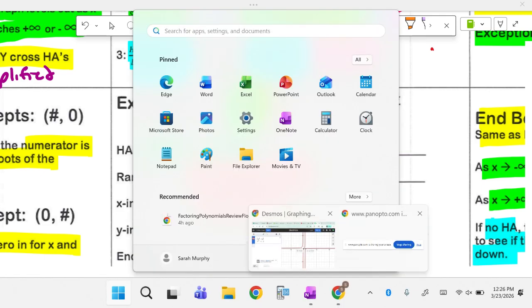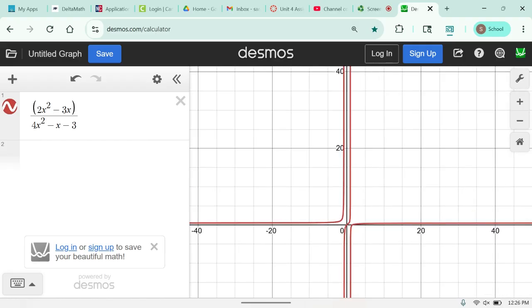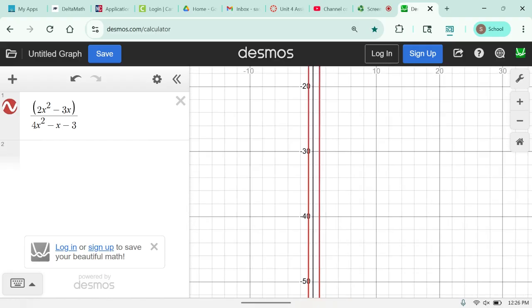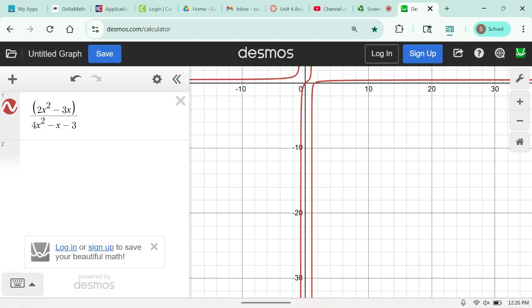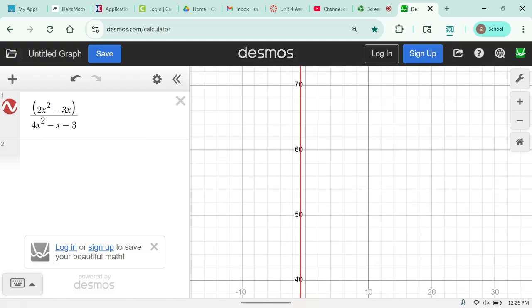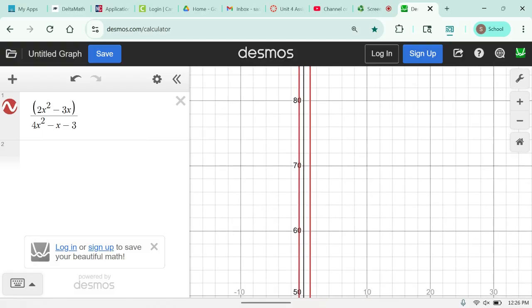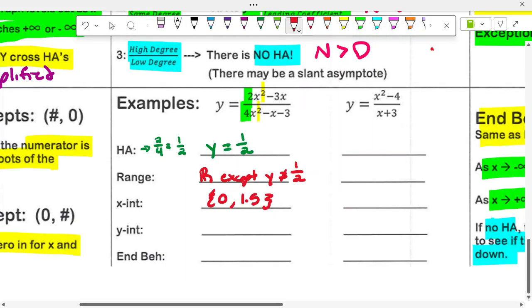My y-intercept, let's see if I have one. It doesn't look like I'm going to have one. Why do you think that is? It just means that we possibly have a vertical asymptote at x equals 0. All right, so the y-axis. So we don't have a y-intercept.